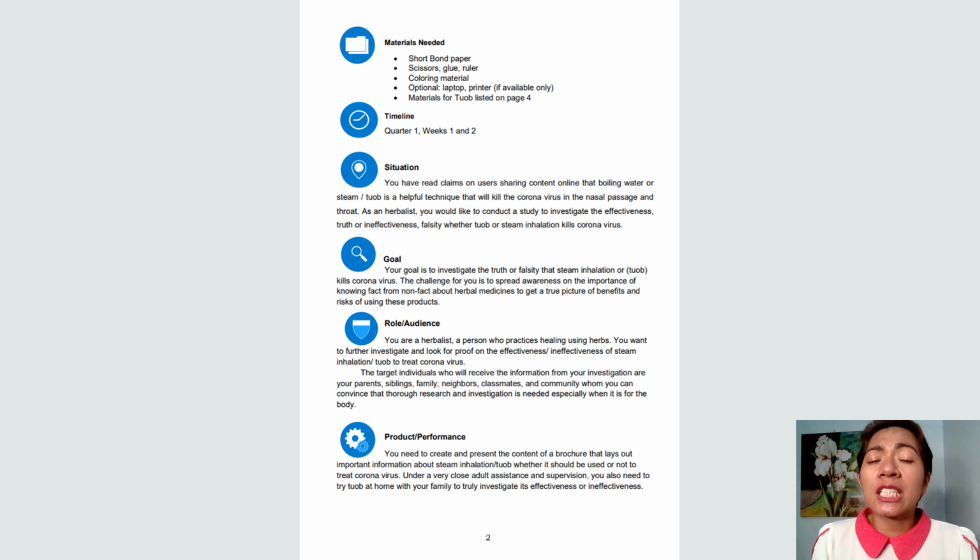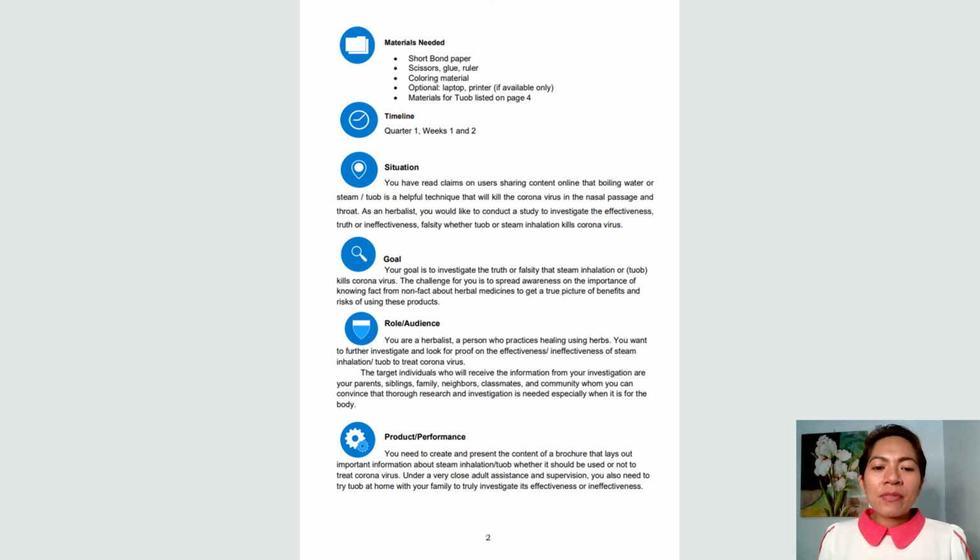The tuob is like a product too, since the learner is a herbalist. So, he will really do the experiment, really boil with all the materials that should be used in tuob. The child will actually perform it. However, all he submits to the teacher is the brochure. And the learner cannot craft the brochure if he or she will not perform the actual tuob experiment.